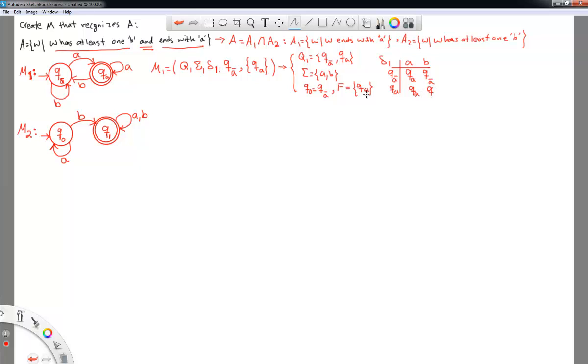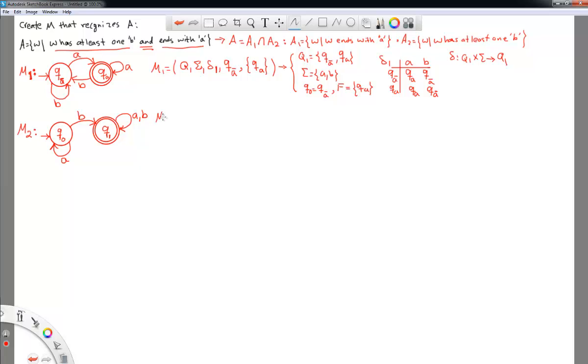And if I'm in Q A and I see a B, I go back to Q not A. That's my delta 1, so delta 1 is going to be from Q sub 1 cross sigma over to Q sub 1.